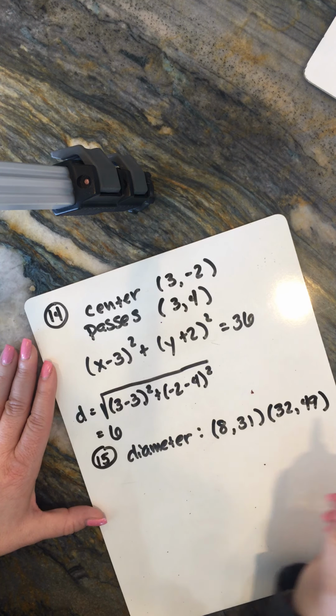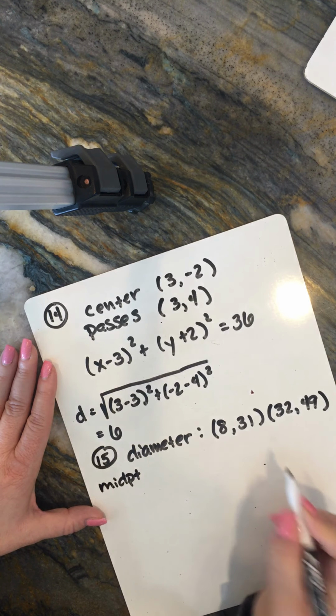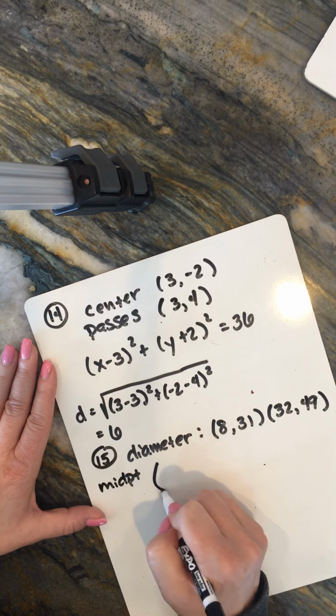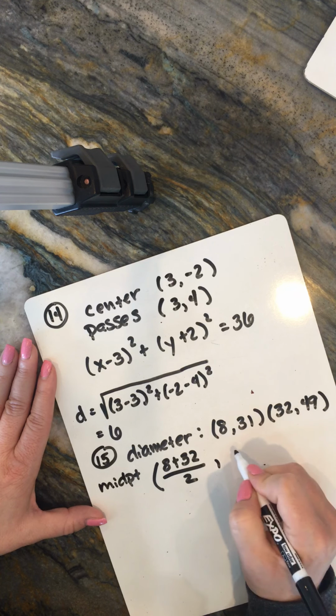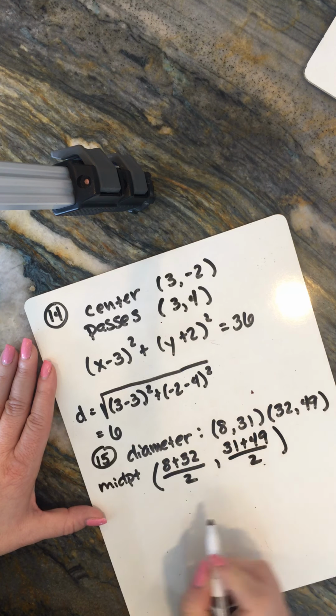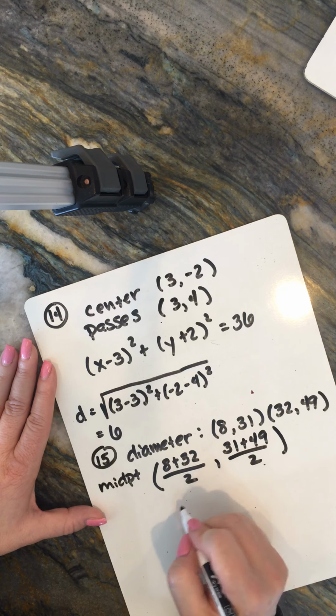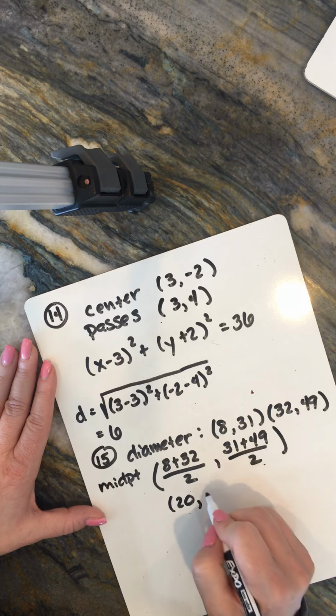So that means to find the center, we've got to find the midpoint. So average of the x's, 8 plus 32 over 2, and the average of the y's, 31 plus 49 over 2. So let's see here, that'll be 40 over 2 is 20. That'll be 80 over 2 is 40.